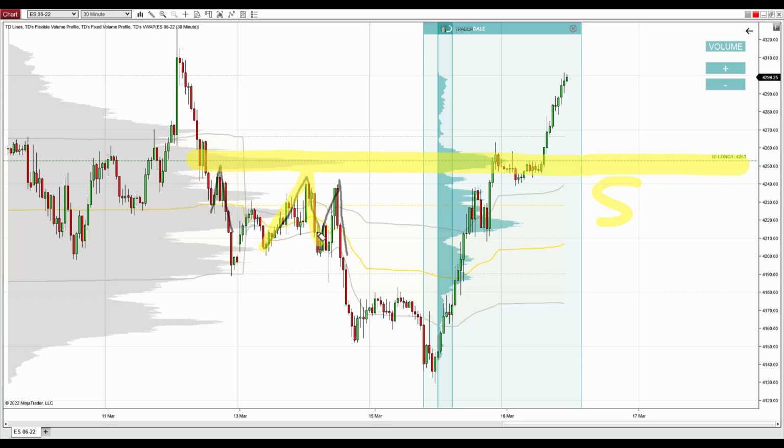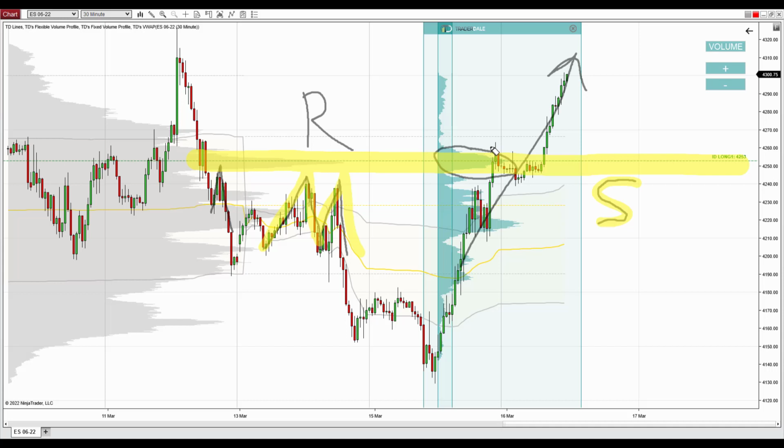Those two reactions are telling us that this worked as a resistance in the past, and now, when the price blew past that resistance, the resistance turned into the support, right? So this is price action confirmation of our volume-based level.